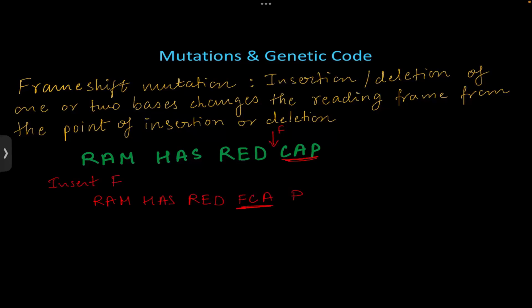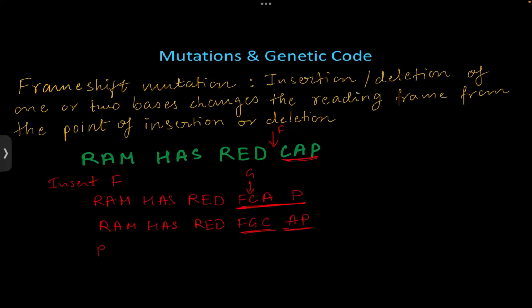Similarly, we can insert another letter here, say G. Now the sentence becomes something like this. When we divide it into three letters at a time, it doesn't make any sense to the translation machinery.